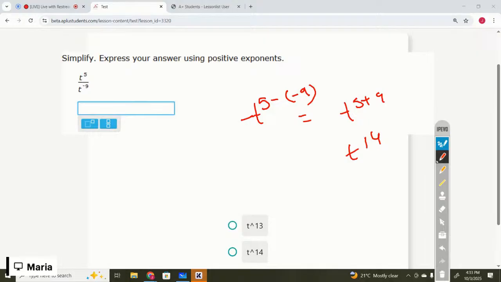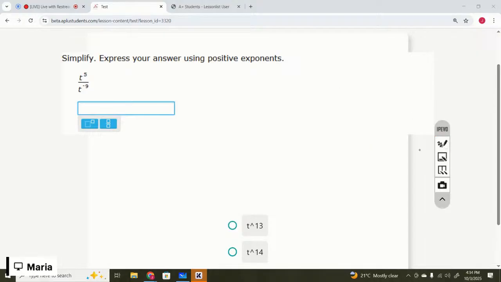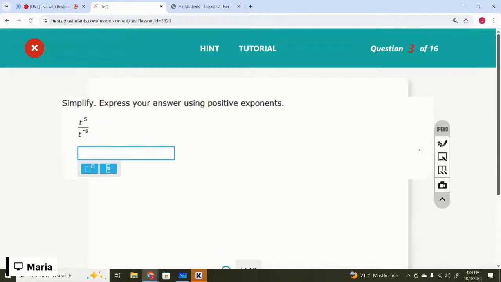Option number 2 is the correct option. The correct option is T14.